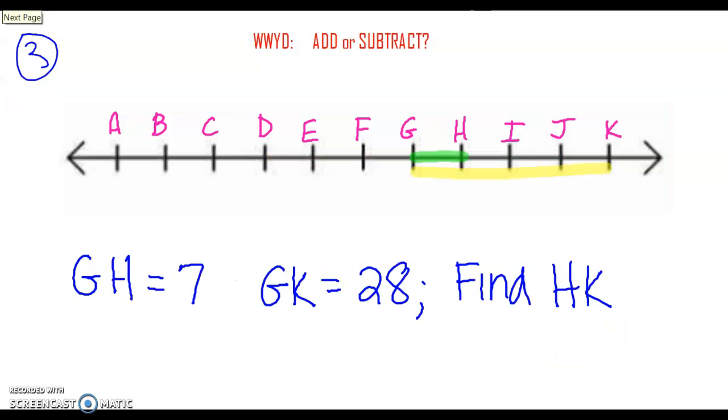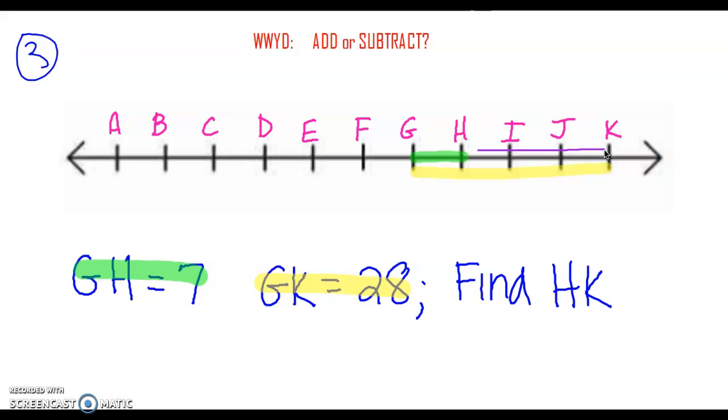Take a look at number 3. GH is my green segment up there, short and sweet. And GK is 28. And you're being asked to identify the measurement of HK. So looking at my highlighted segments, they overlap. So if you remember, we say to subtract.